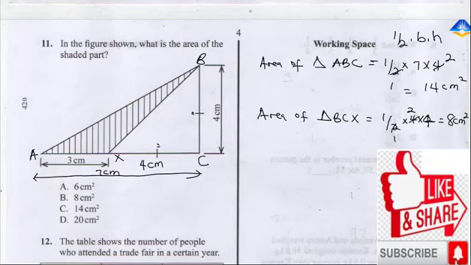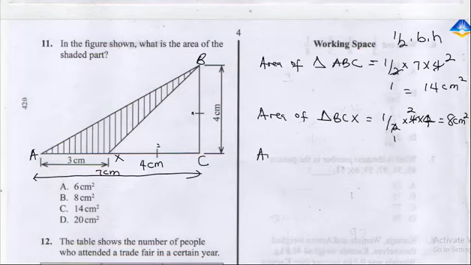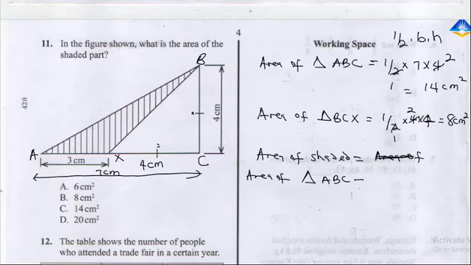Now for us to get the area of the shaded part, it will be the area of the bigger triangle, which is ABC, minus the smaller triangle, which is minus the area of triangle BCX.